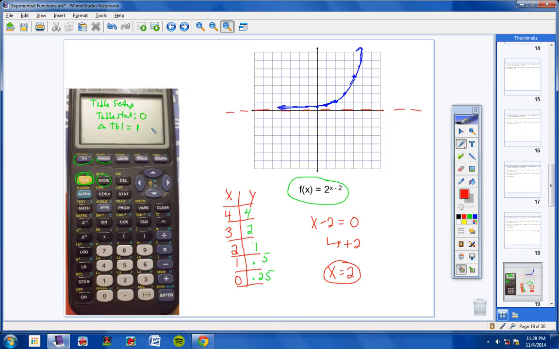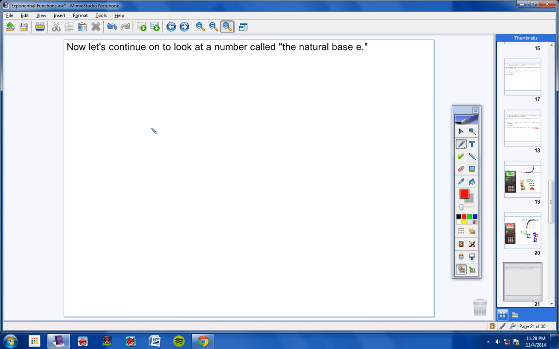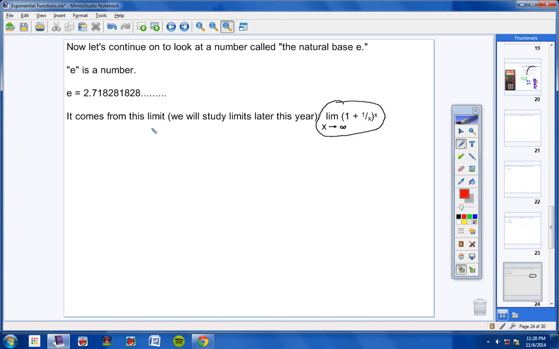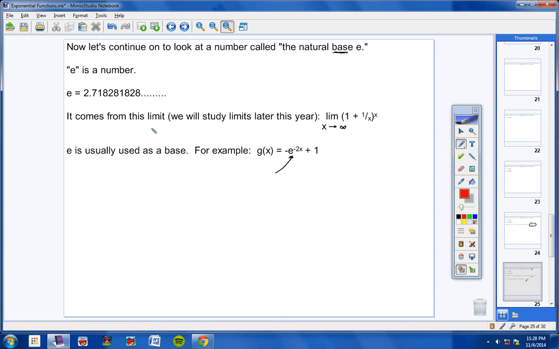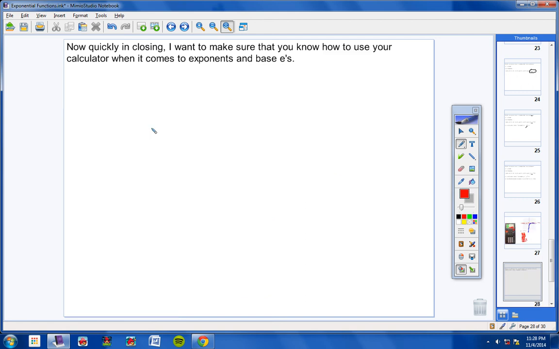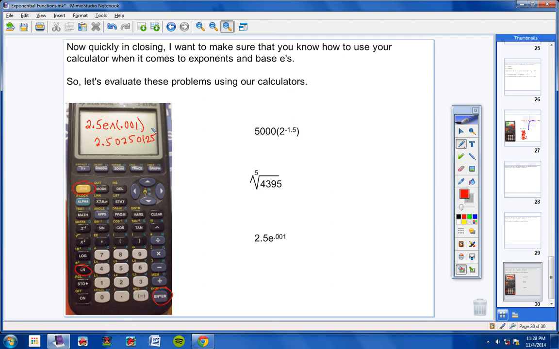And then, make sure you understand that we're going to use the natural base e, and exponential functions with natural base e are still graphed the exact same way. Nothing changes. And then lastly, make sure you're able to type in expressions into your calculator like these here, okay? Alright guys, call or email if you have any questions.